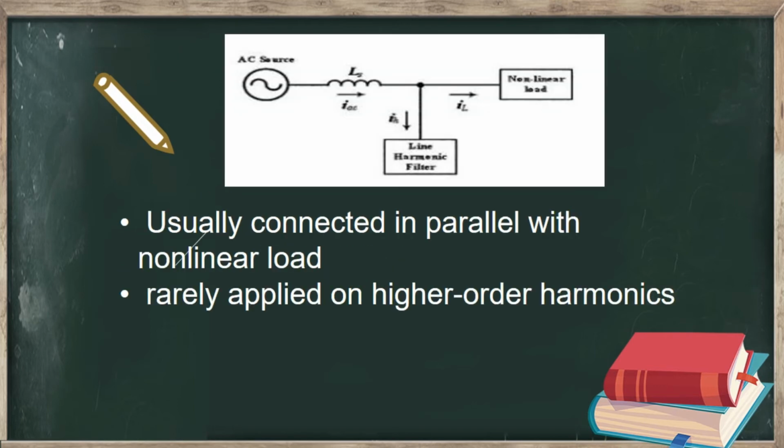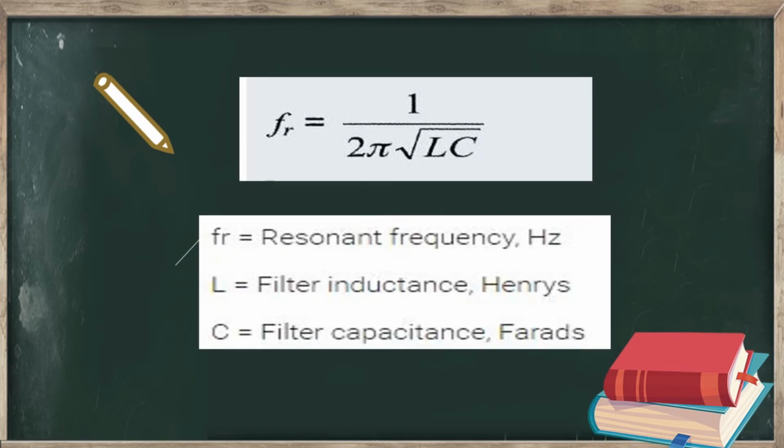The next one, here is the figure of the passive filter, which filters the linear harmonic. Usually it is connected in parallel with the non-linear load. It is rarely applied on higher order harmonics because it is not efficient enough to eliminate them.